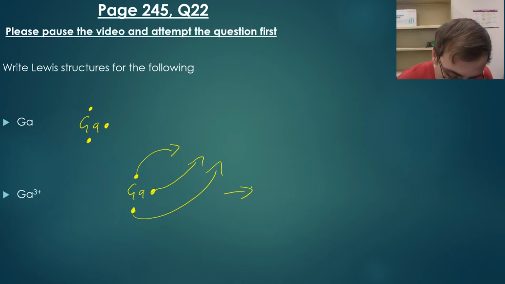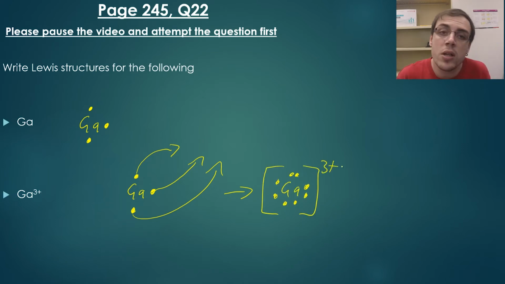Okay? So it will look like this. Because essentially, by losing those 3 electrons, it dropped down to a lower energy level. And because it dropped down to that lower energy level, it then had all 8 of its valence electrons fulfilled, and it means that it is stable.